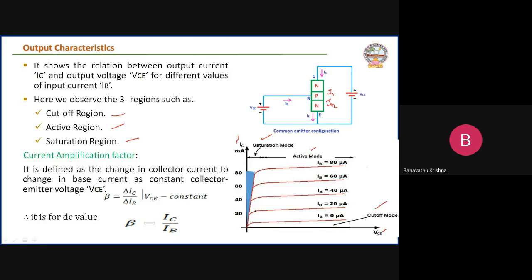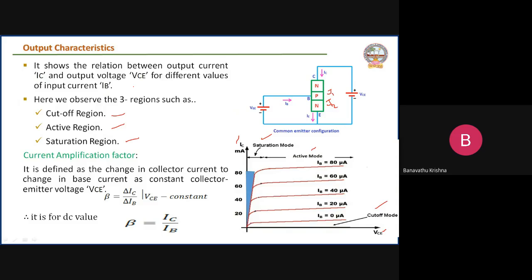In the active mode, the emitter base junction is in forward bias condition and the collector base junction is in reverse bias condition.